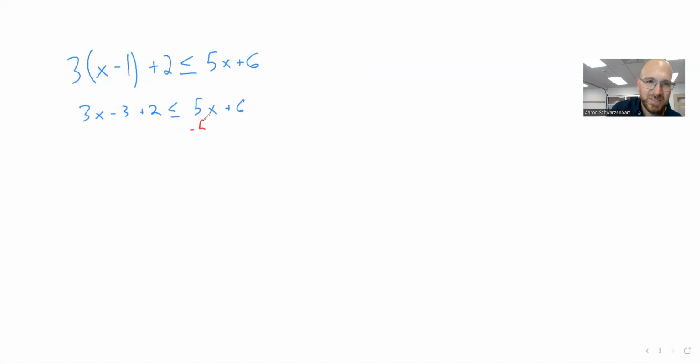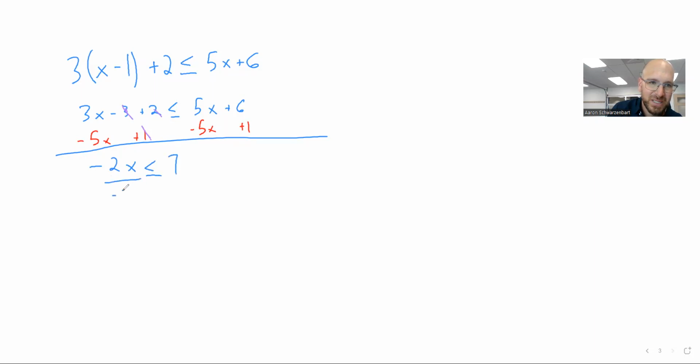So let's do minus 5x. -3 plus 2 is -1, so I'm going to add 1 to both sides. So I combined like terms and then I moved it. So this is going to cancel out with that. I get negative 2x is less than or equal to 7.